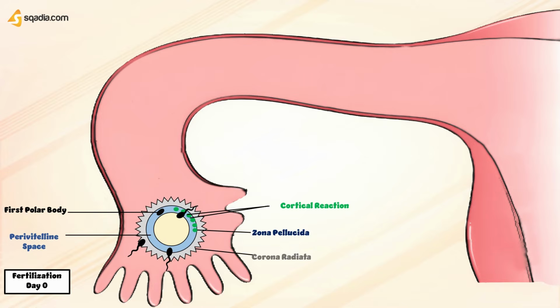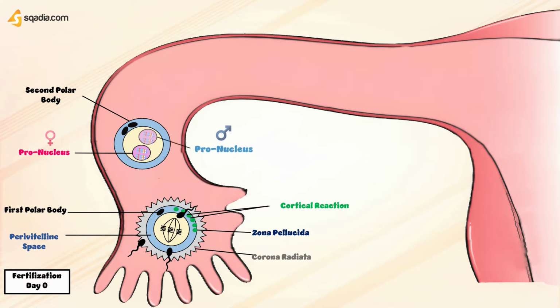Then the oocyte nucleus completes metaphase 2 and expels the second polar body. The second polar body is extruded from the oocyte as a consequence of oocyte activation, triggered by the fertilizing sperm.